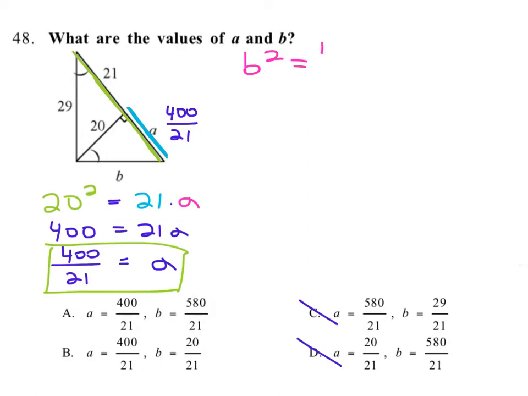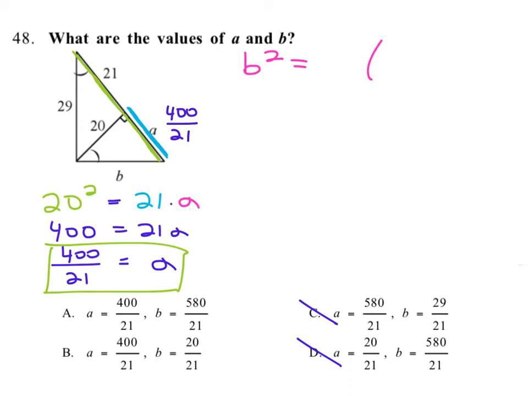is 400 over 21 times, and what is that green length? Well, it's 21. Actually, let me write this in blue, so you can see where we're getting that.